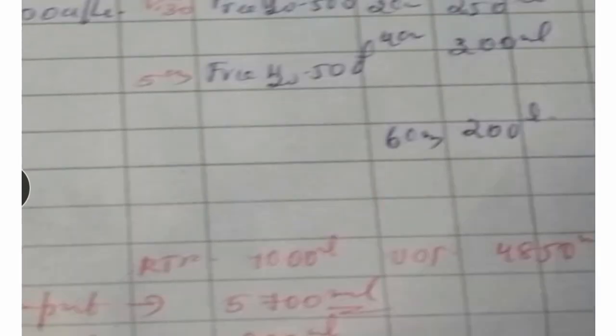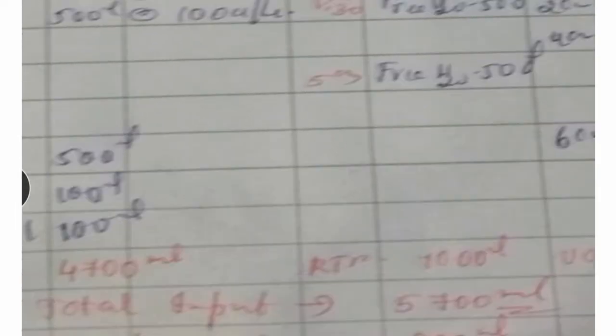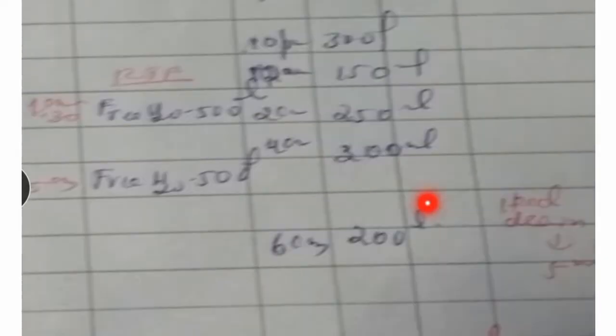So by RT they have given 1000 ml of water. So RT means Ryle's tube feeding. These two things will be added, so total input will be 5700 ml.